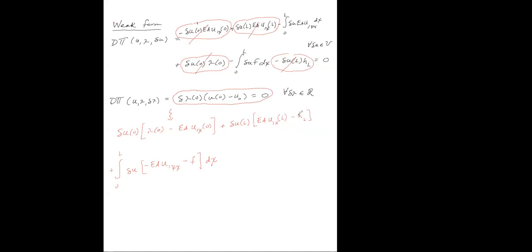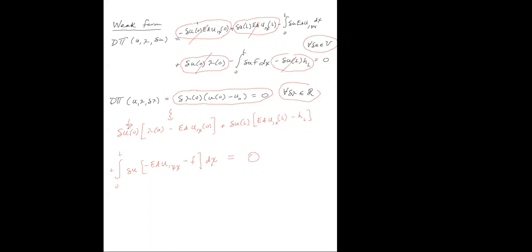Okay, so what does this tell us? The reason this is valuable is that the weak form, these d pi's up here, have to hold for every test function, whether it be just a test Lagrange multiplier or a test displacement. Remember, this whole thing has to be equal to 0 for every possible function and number that you can think of.